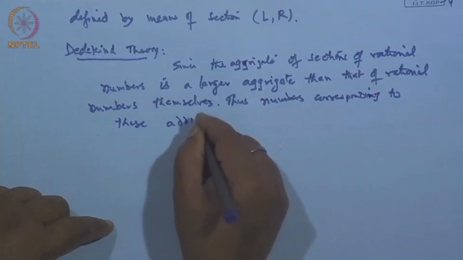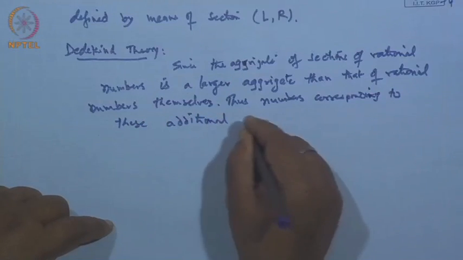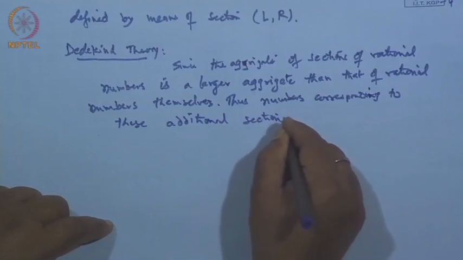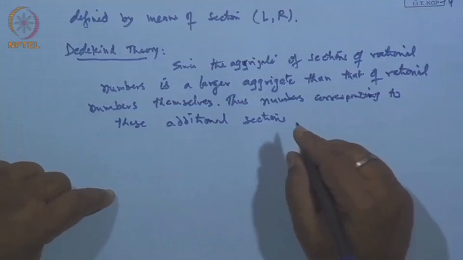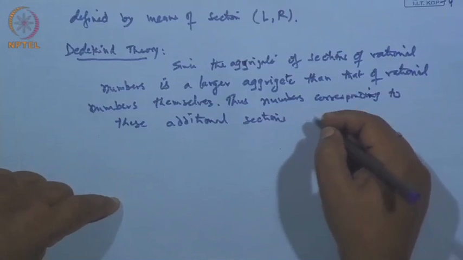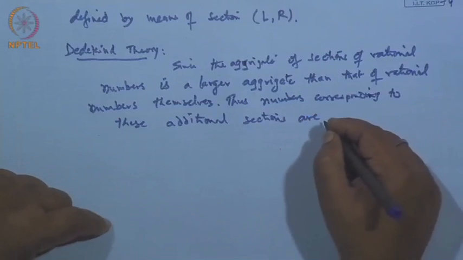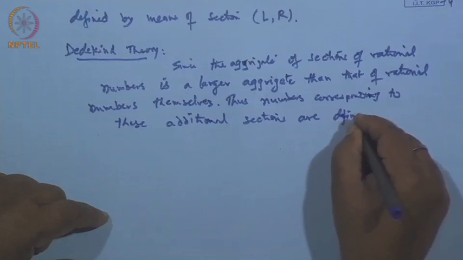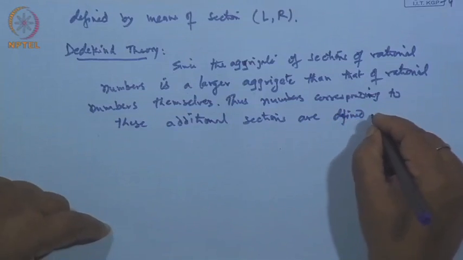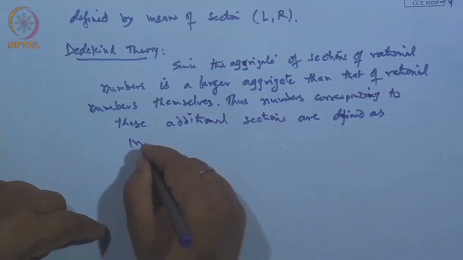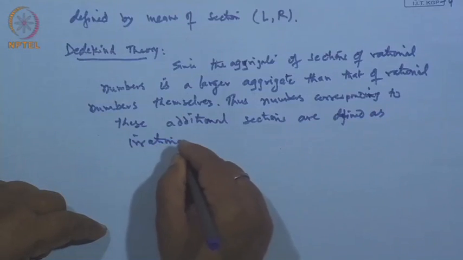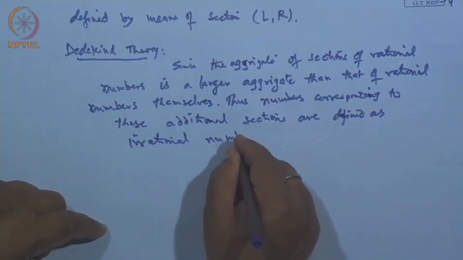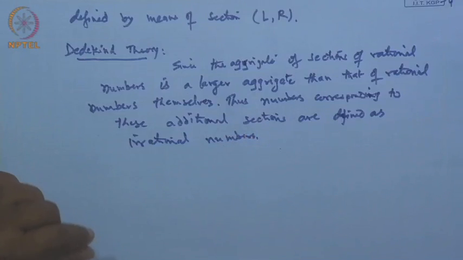These additional sections are defined as irrational numbers. Okay, that is what it is.